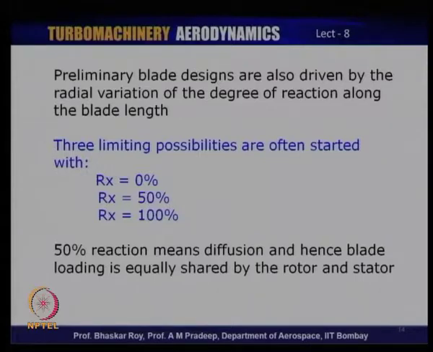Now, we will look at these three possibilities. The 50% reaction blade essentially creates equal diffusion in the rotor and in the stator. That means, the blade loadings are equal between the rotor and the stator, and the diffusion is equally shared.